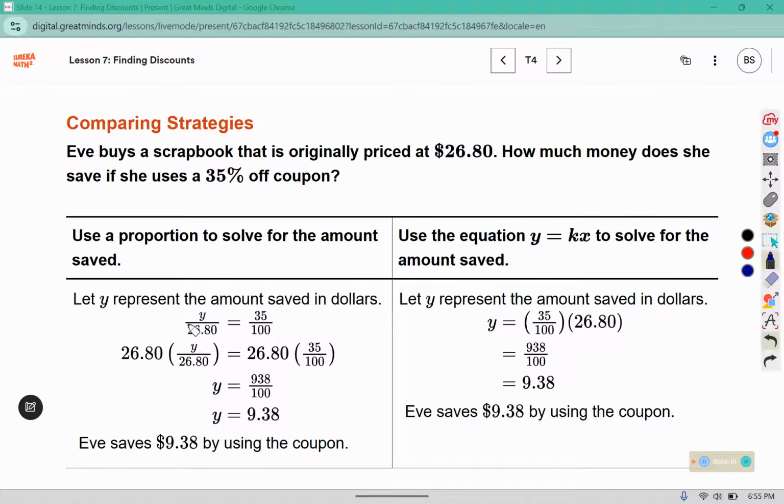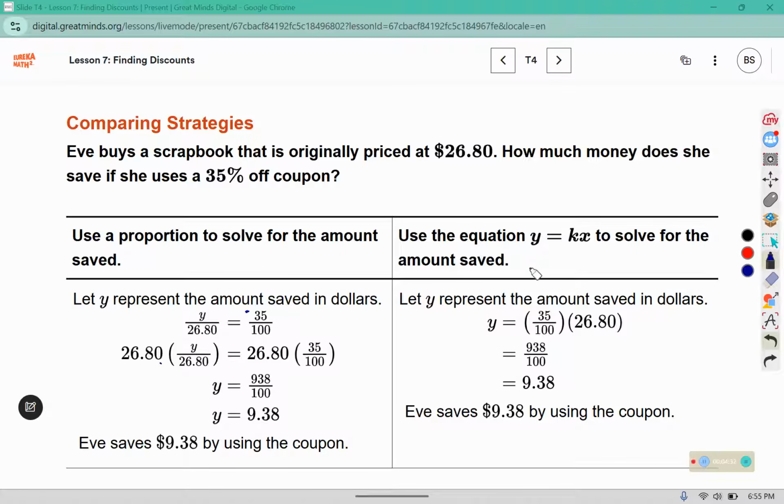They've represented this by multiplying by 2680 on both sides. So these would divide out, leaving us with Y. And then they've multiplied here. So like we did, cross multiply gives you 938. And then divide by 100 is 9.38.